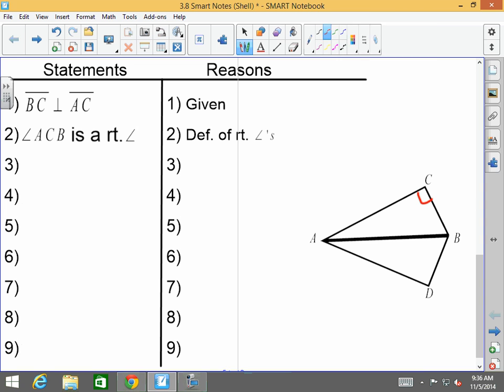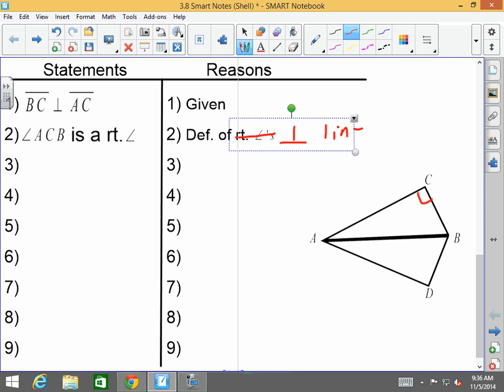I shouldn't have put right angles. It's really definition of perpendicular lines. I apologize about that. That's my bad. Does that make sense? So that's definition of perpendicular lines, not right angles. I apologize.